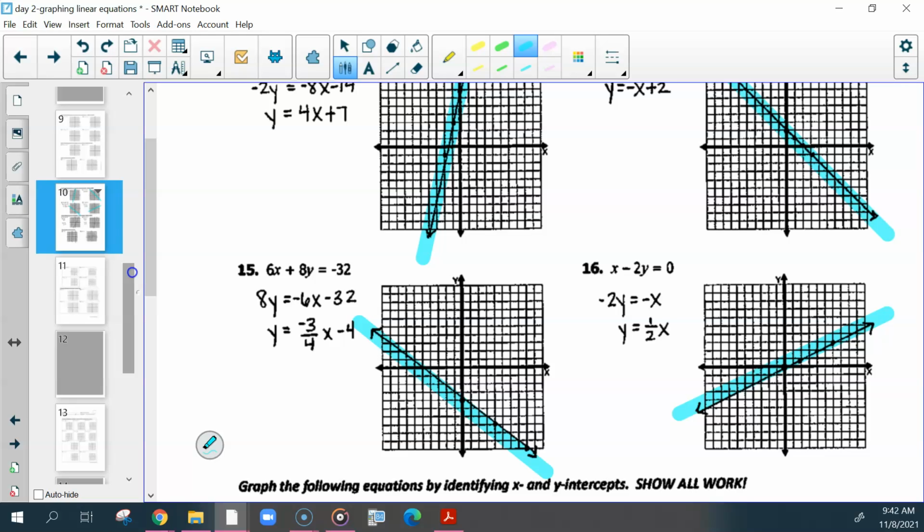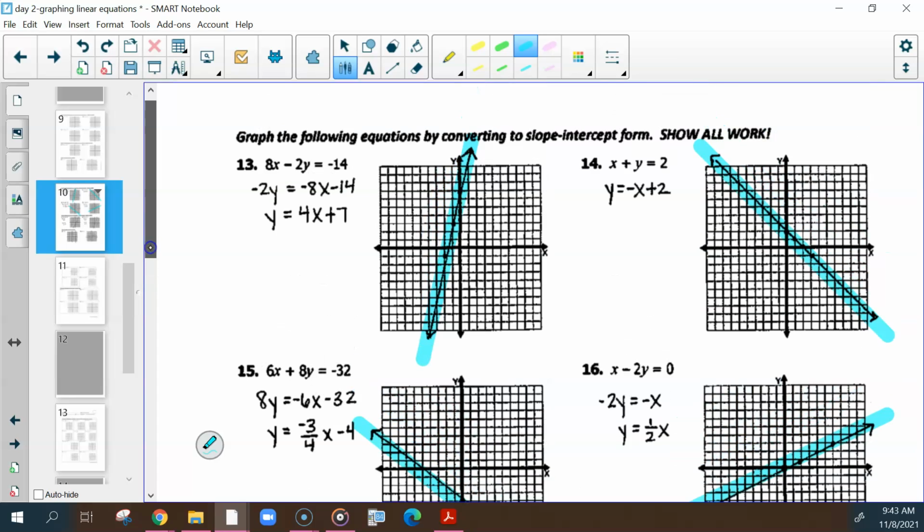For the top one, number 16, the numbers are different, but which? Then 14 for that one. This one? Oh, for this one, okay. Does that say y equals negative x plus 2? Can you show me how you got that?